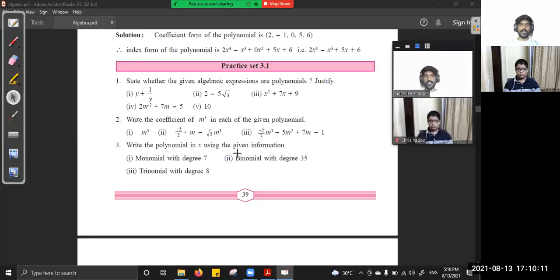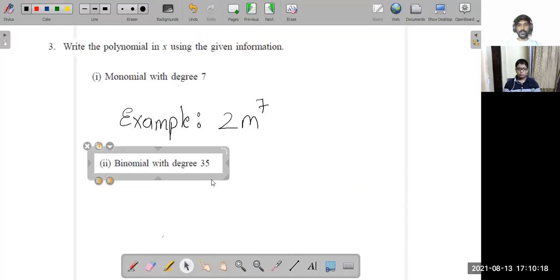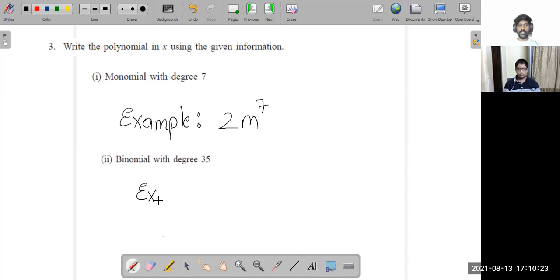Let's see second one. Binomial with degree 35. Can you think about this now? What do you mean by binomial?